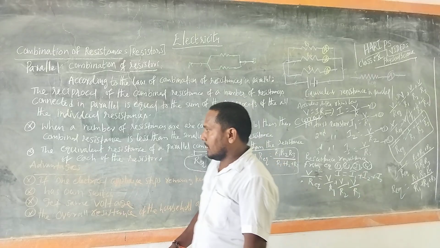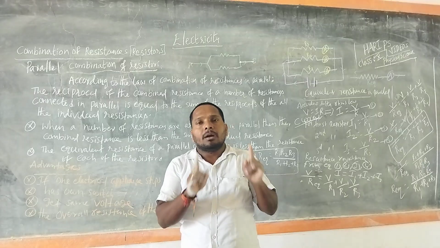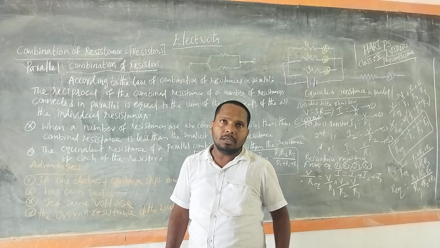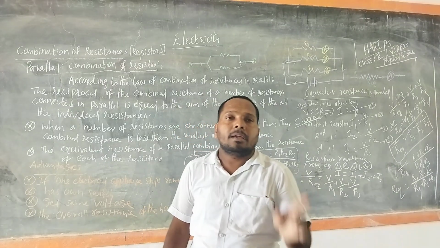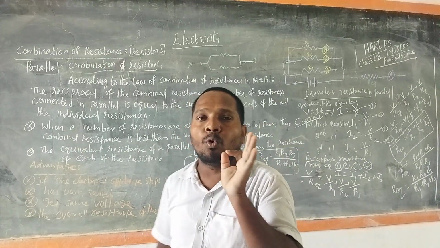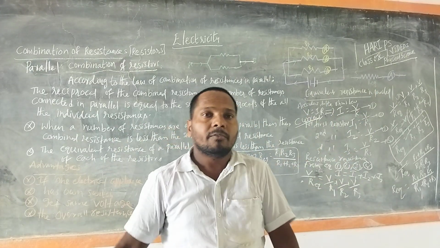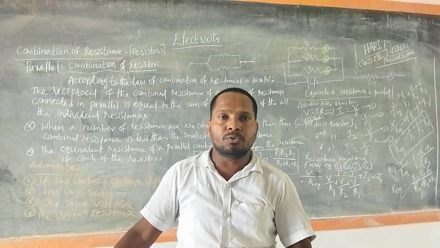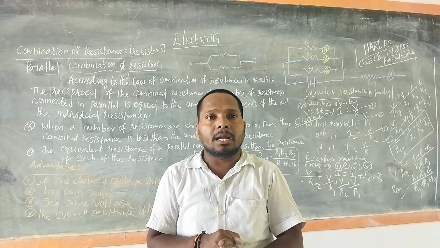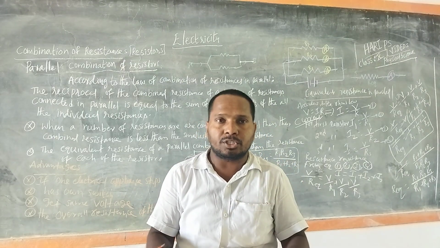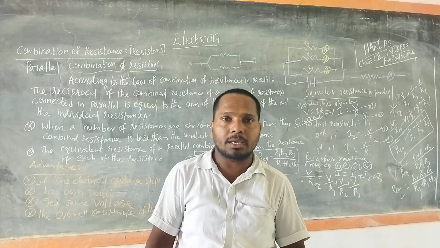But in case of parallel combination, if any one electrical appliance is not working, the remaining are working, because every electrical appliance has its own switch. For fan one switch, for bulb one switch, for heater one switch, for fridge one switch, for TV one switch. So in households, all the electrical appliances are in a parallel combination. If the fan doesn't work, all the remaining appliances are still working.